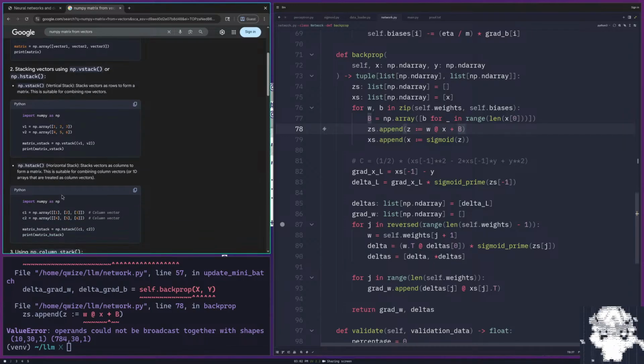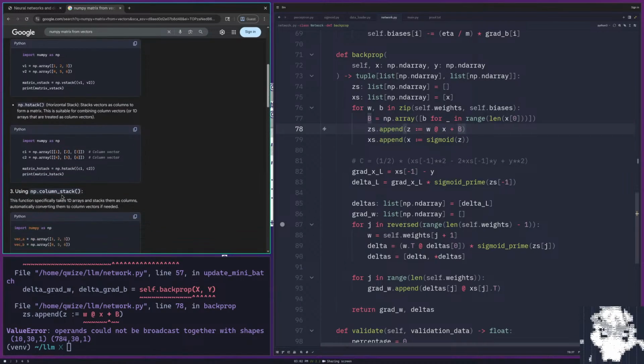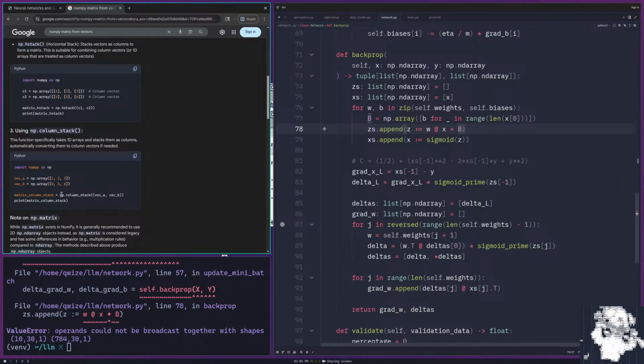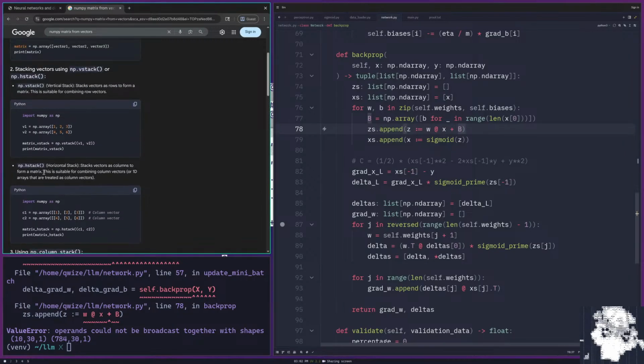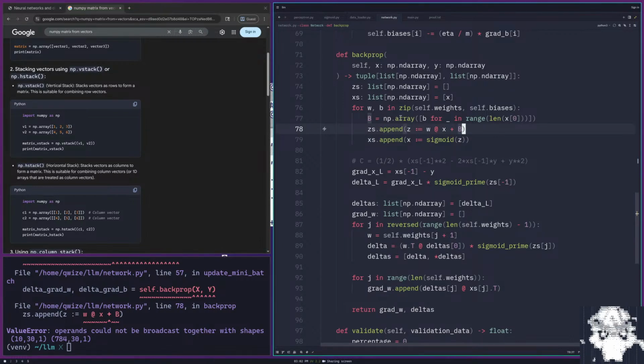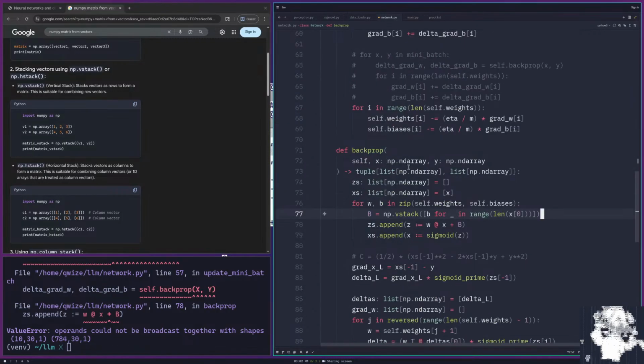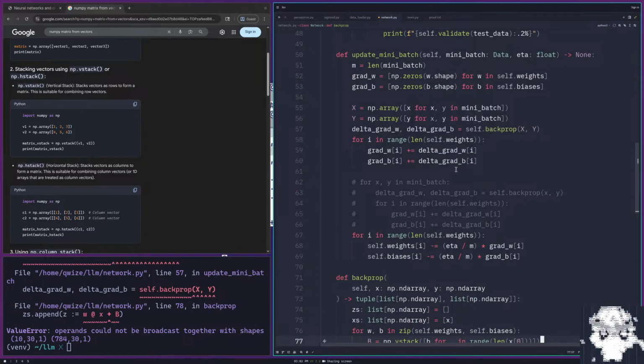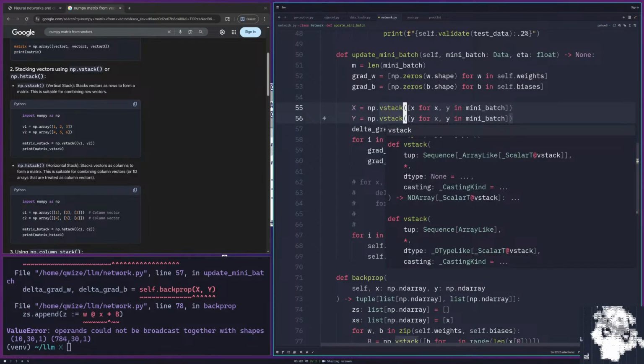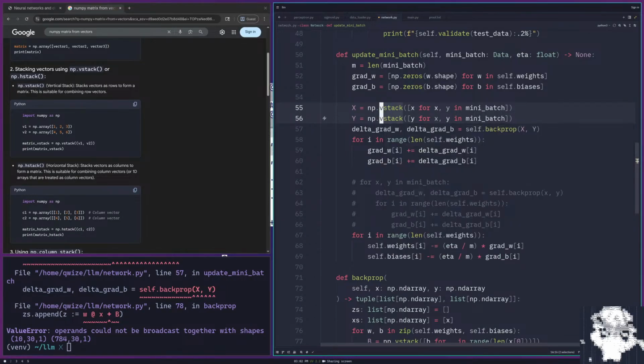I want hstack or column stack. np.vstack. I want the same over here, wherever it was. No, hstack. No, vstack.